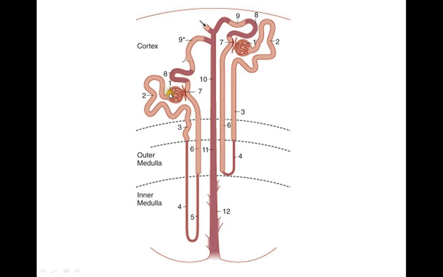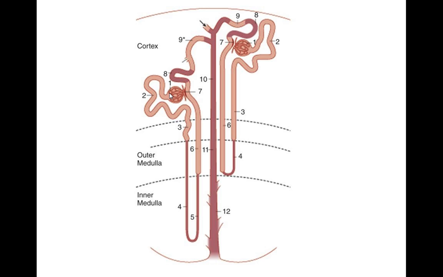The second part of each nephron is a complex tubular structure with different shapes in different locations, and also with different ultrastructural anatomy and different physiological functions.